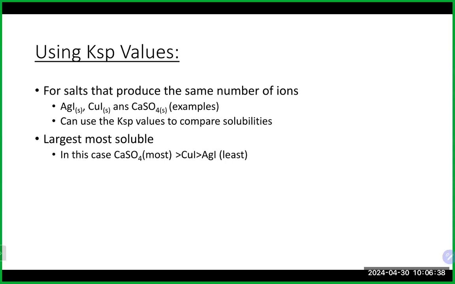So if you take, say, 3 salts, for example, like they have here, silver iodide, copper 1 iodide, and calcium sulfate. Each of these ionic guys, when they break apart, will break apart into the same number of ions. So this guy will give us a silver and an iodide.